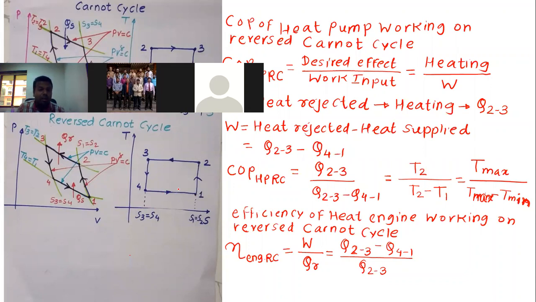You can see the area below 2 to 3 is greater than the area below 4 to 1. That means heat rejected during 2 to 3 is greater than heat supplied during 4 to 1. Is that okay? Because always we write the formula as heat supplied minus heat rejected, but here I have written heat rejected minus heat supplied.